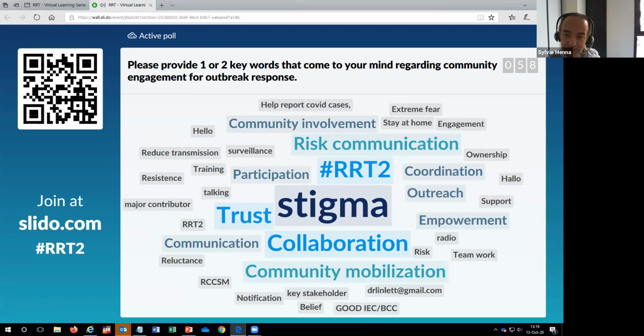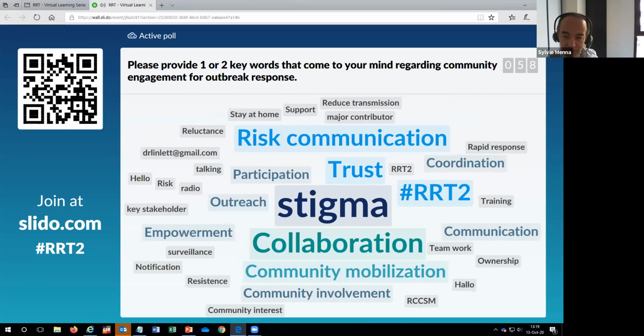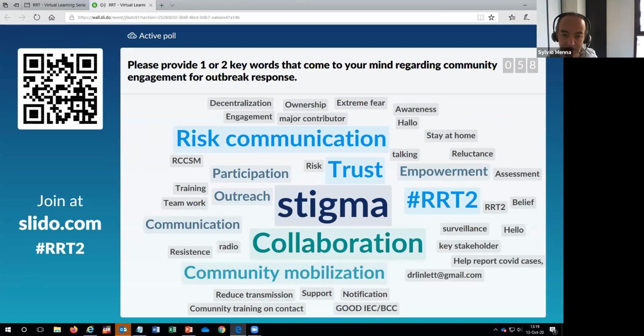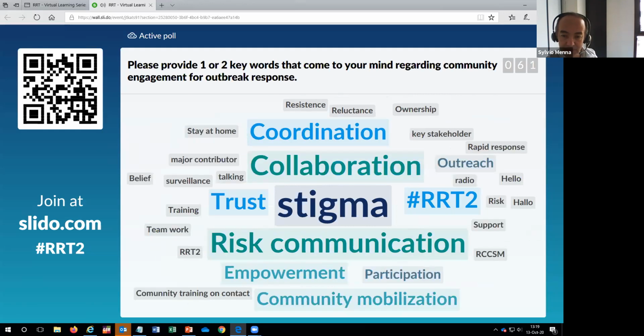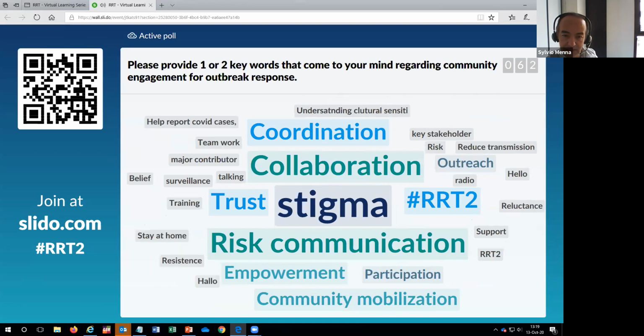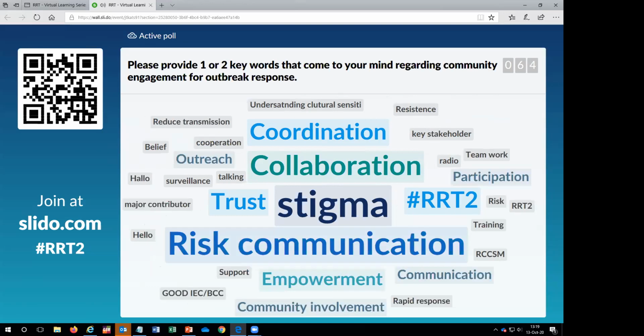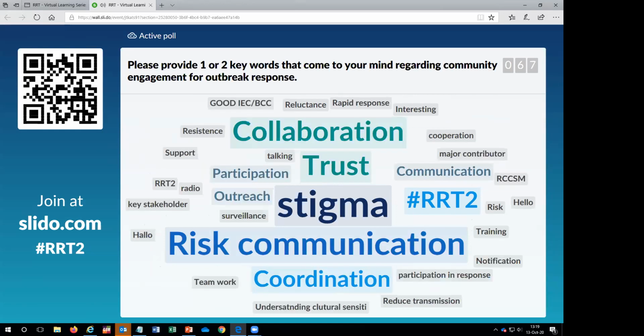We see that risk communication is a good one. Trust, of course, collaboration, community mobilization, empowerment, stigma, of course.